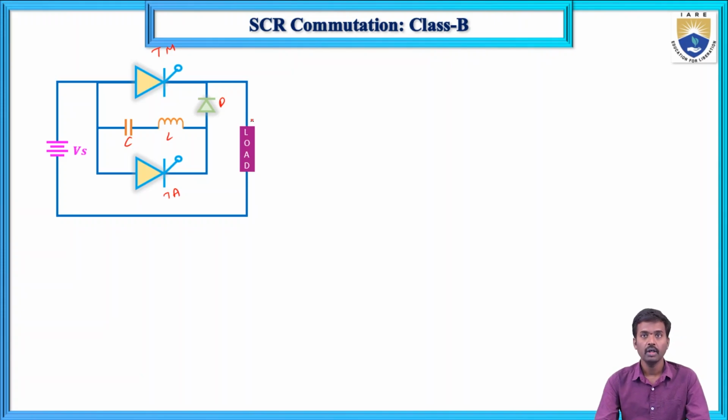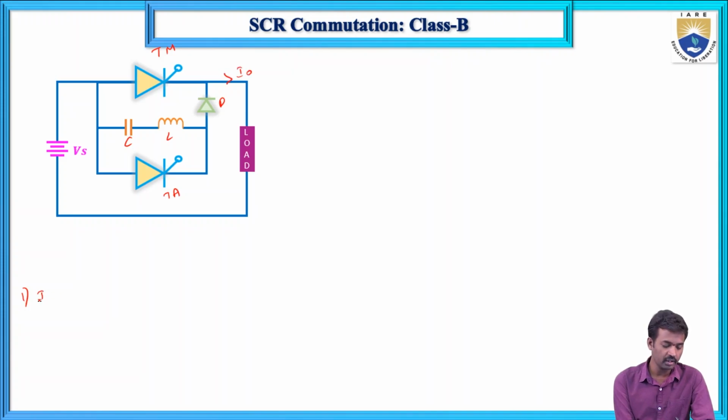Now here we have assumptions. The first assumption is that the load current I naught is constant, which means this load is highly inductive.